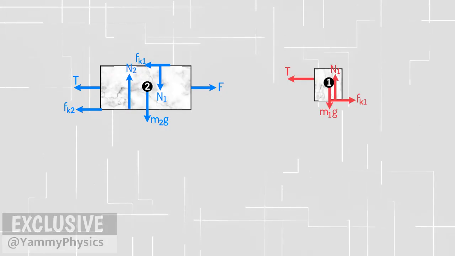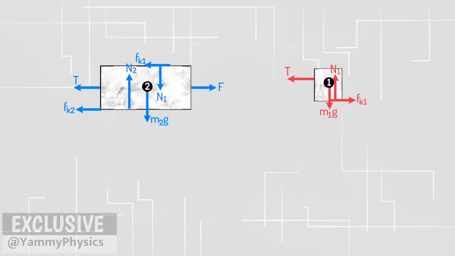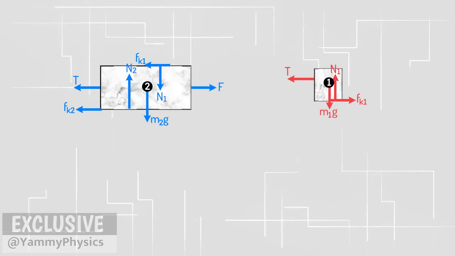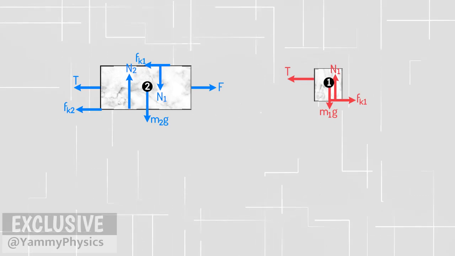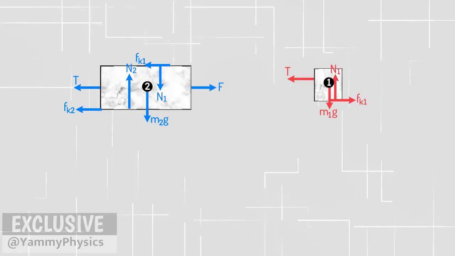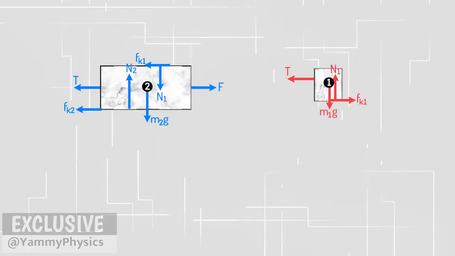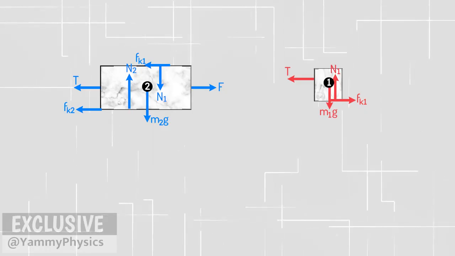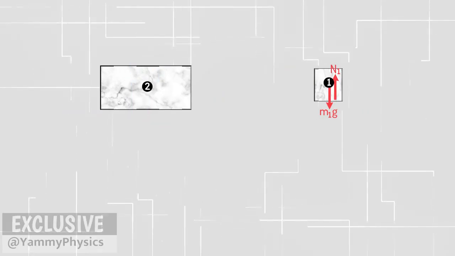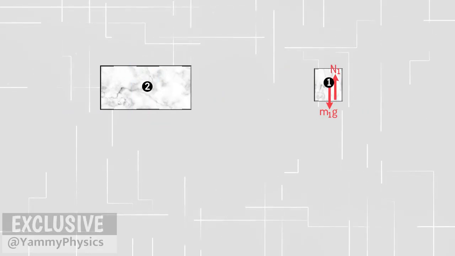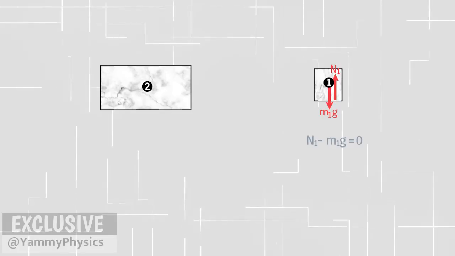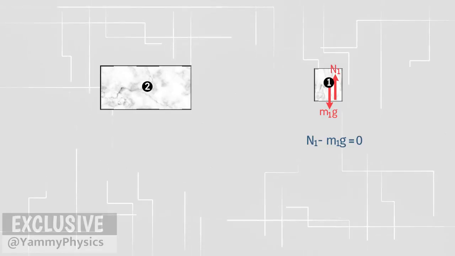Now we will answer the second part. Newton's laws work for every object. Different objects apply different Newton's laws. For the first block, we will write the equation in two directions, the vertical direction and the horizontal direction. For the vertical direction, the block does not move up or down. The resultant force in this direction is 0, so N1 minus m1g is equal to 0.